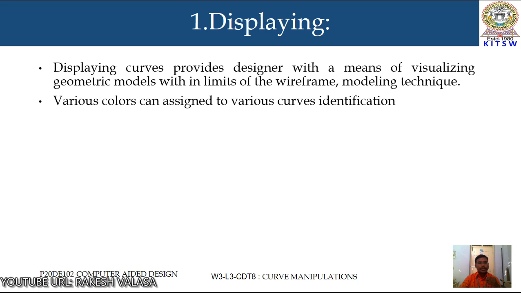It also shows different colors. Various colors can be assigned to various curve identifications. You can take any software like AutoCAD, Creo, CATIA, or SolidWorks. With the help of the properties tool, we can change the line color or curve color or surface color or solid color.